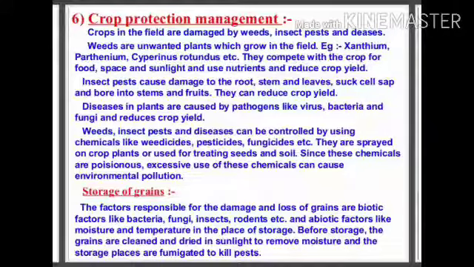Both abiotic and biotic factors can cause a huge loss to our grains. In terms of biotic, it may be fungi, bacteria, microorganisms, insects, and rodents. And in terms of abiotic factors, it may be moisture, sunlight, rain, or temperature, which will affect or reduce the grains.